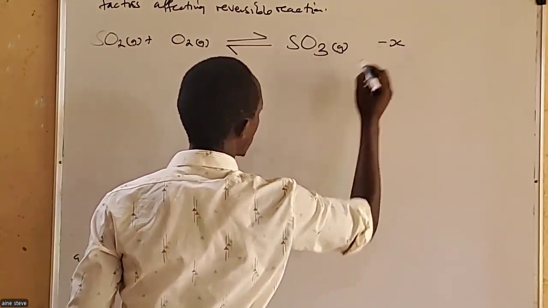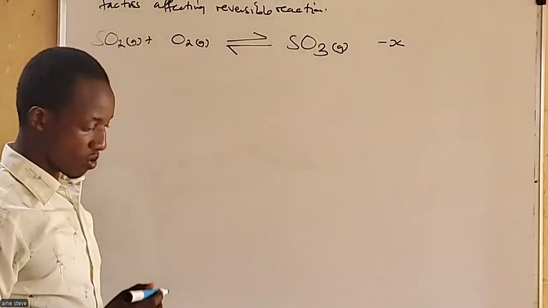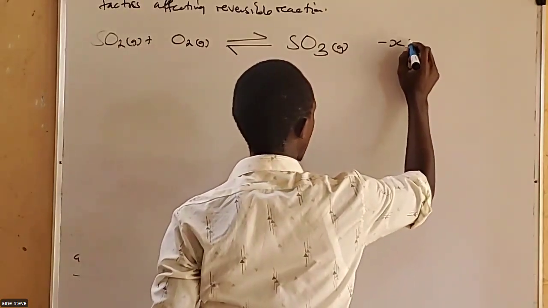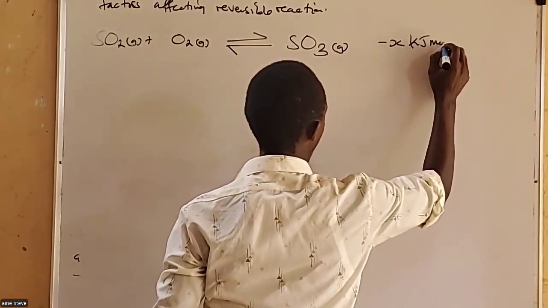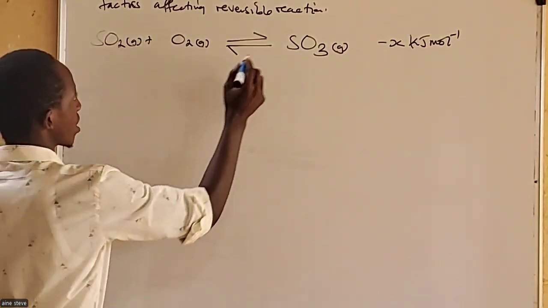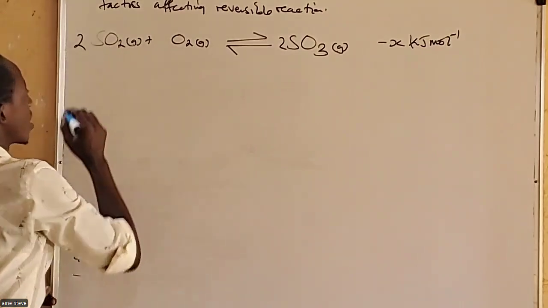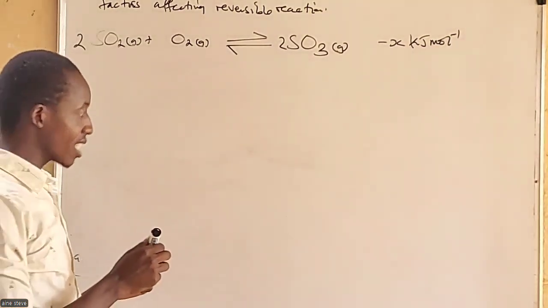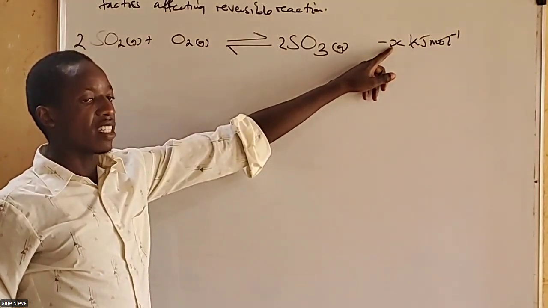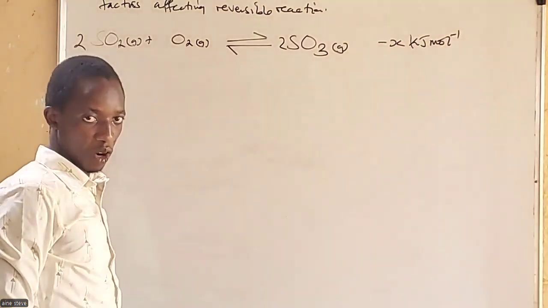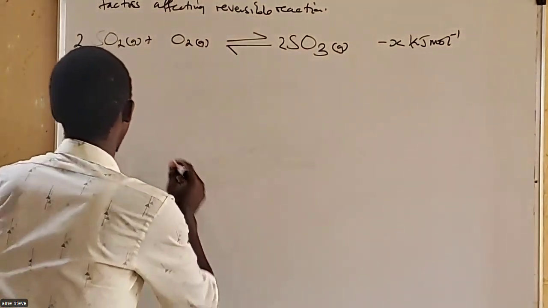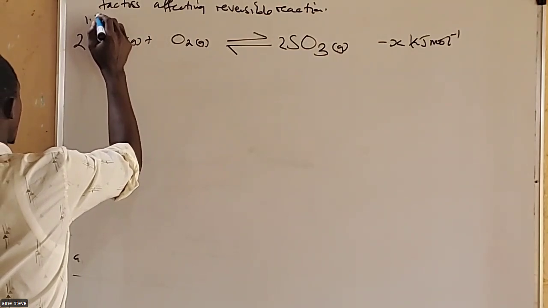Then they give you the energy value as being exothermic. This is negative X kilojoules per mole. When you are attempting such questions, you always look at the energy value that is attached at the extreme right of the equation. Because basically here, we are looking at a factor called what?